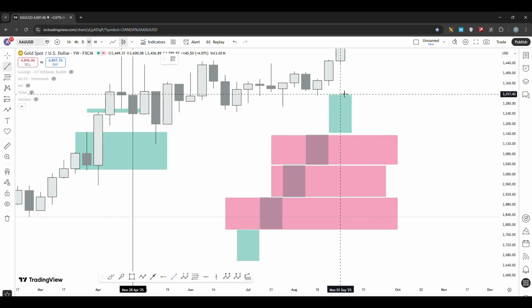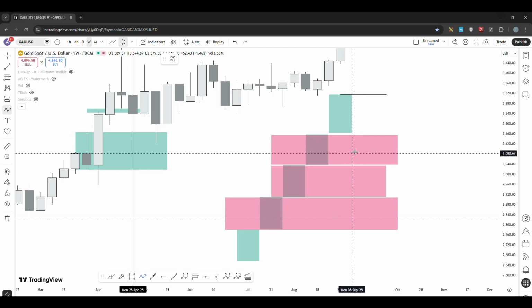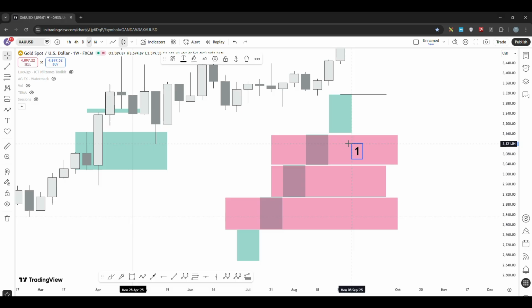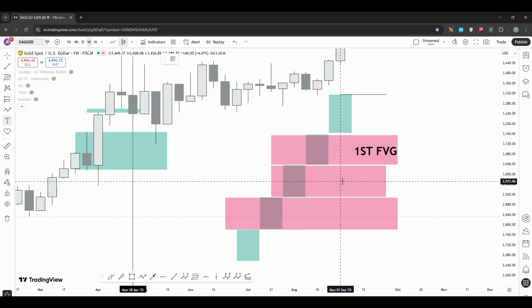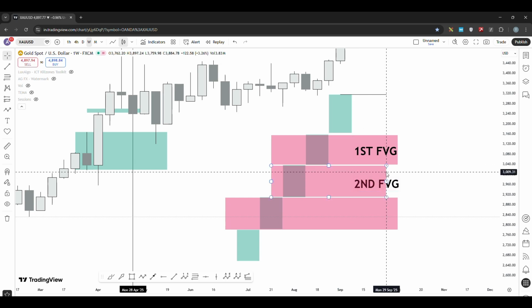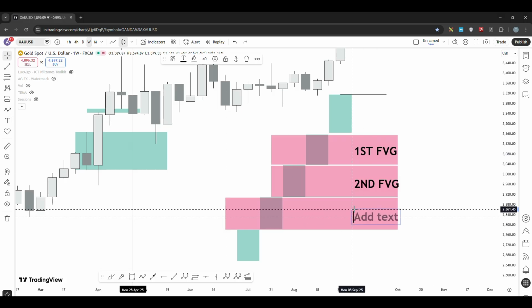So market is over here. So if it drops, then this first fair value gap will be the most important one. Okay, this is the first fair value gap, FVG. This is the second fair value gap, and this is the third one. So whenever you see multiple fair value gaps, the first fair value gap will be the important one, and the last fair value gap will be the important one.